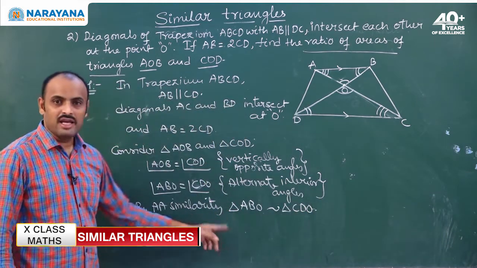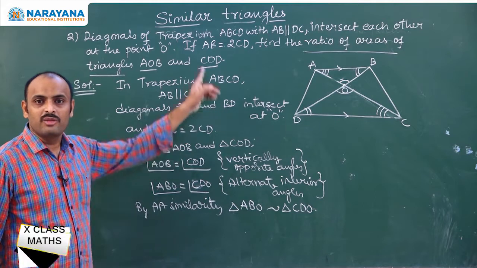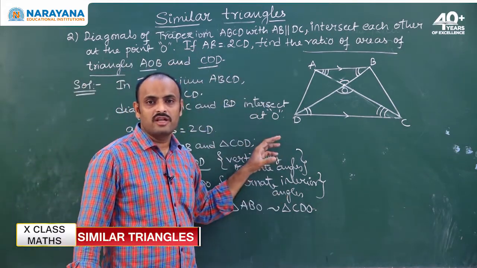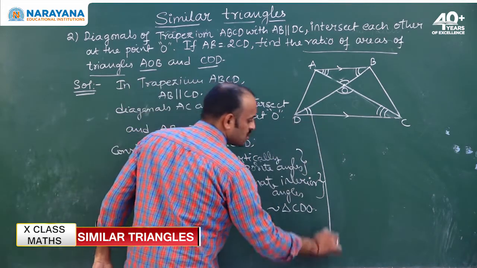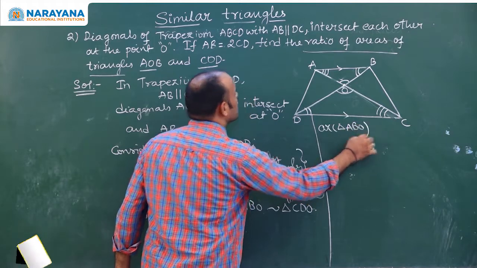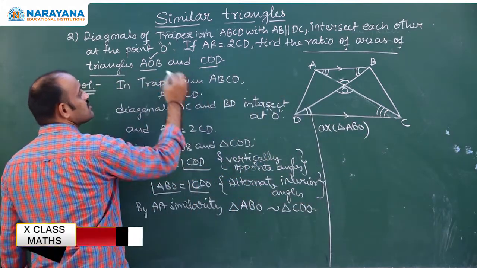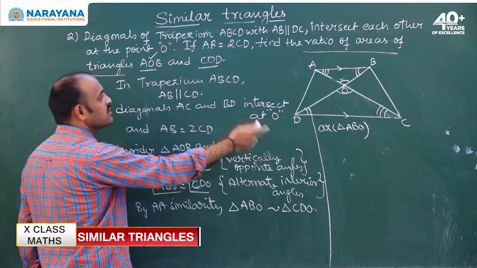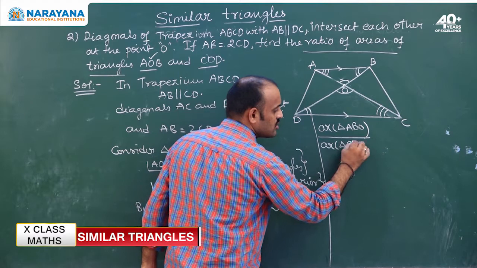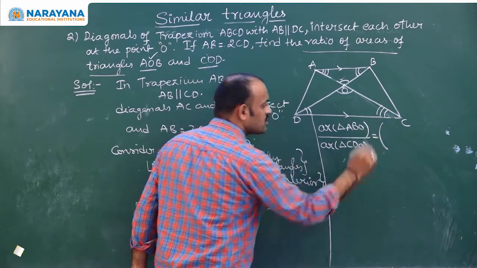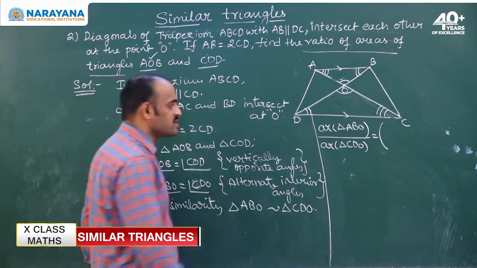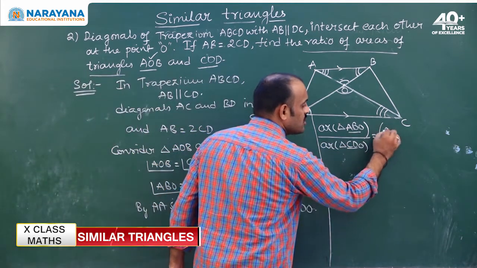Once the triangles are similar, now I can make use of the theorem, ratio of area of similar triangles is equal to square of the ratio of the corresponding sides. Therefore, area of triangle ABO, he mentioned ABO first, so I have used ABO there. Next COD, triangle CDO is equal to the square of the ratio of the corresponding sides, AB by CD whole square.